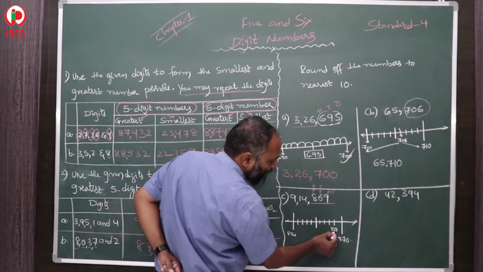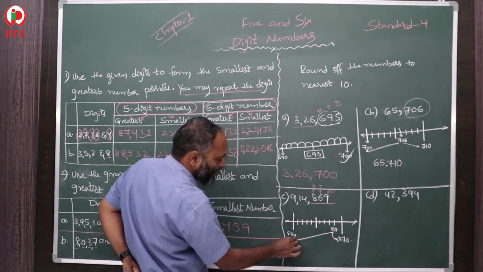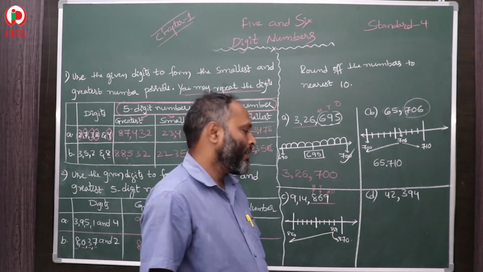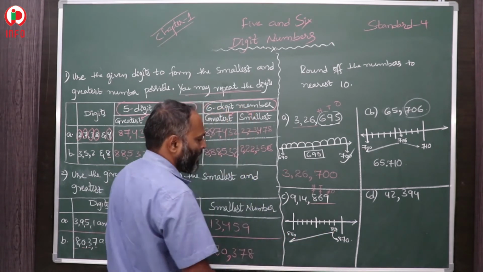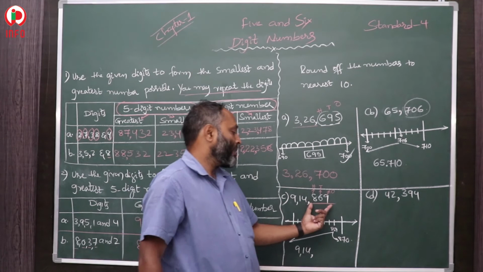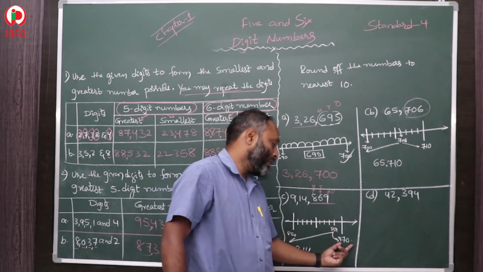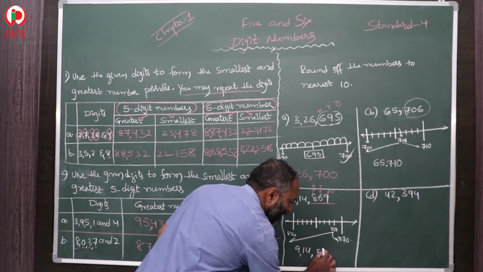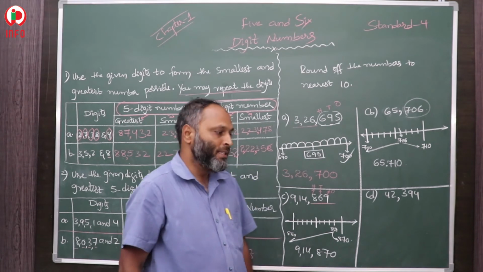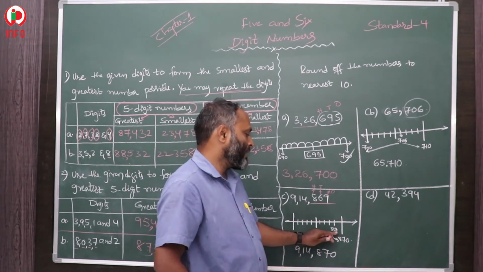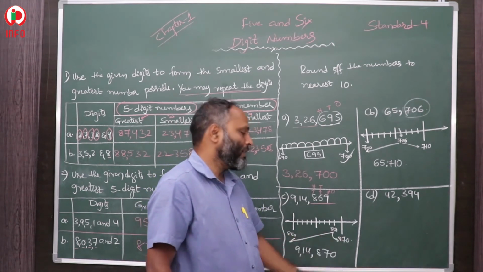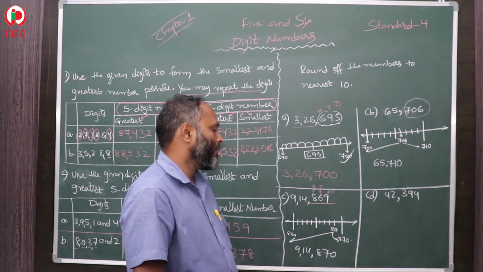Here 869 is near to 870 and far from 860. So this 9,14,000 we take as it is, and instead of 869 for nearest ten we make 870. We round off to the nearest value. 69 nearest is 70, not 60. That value we have to take.